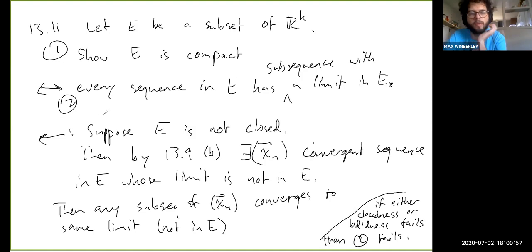I guess what you could say is, suppose there's a subsequence of the limit E. Actually, off the top of my head, I can't really think of a different way of approaching this.